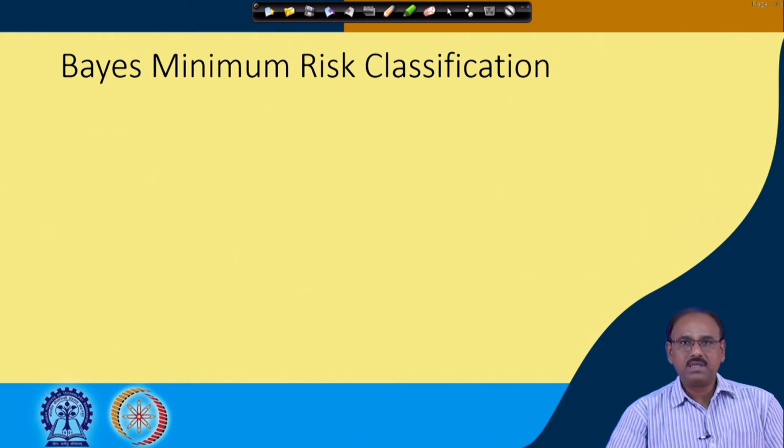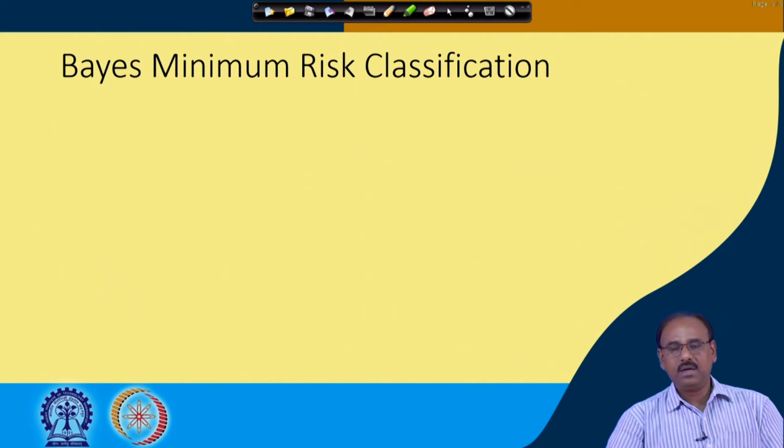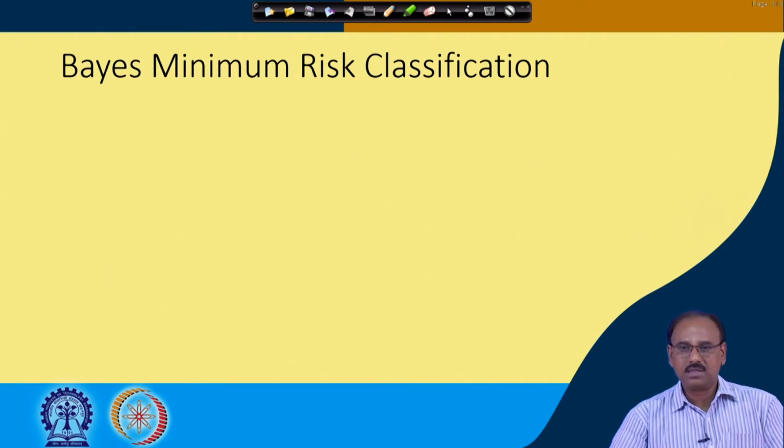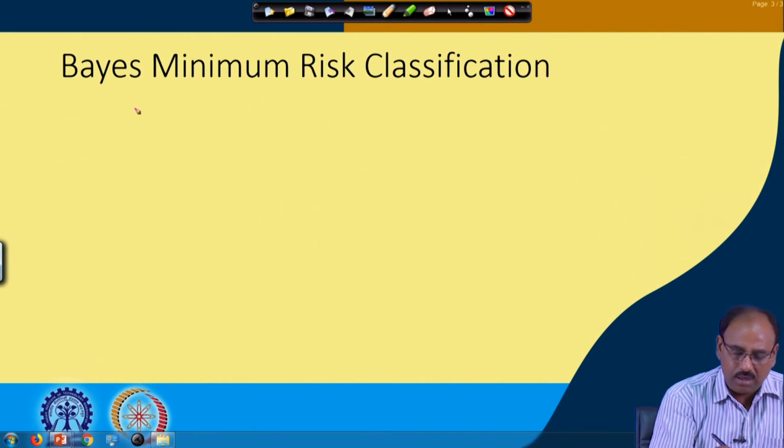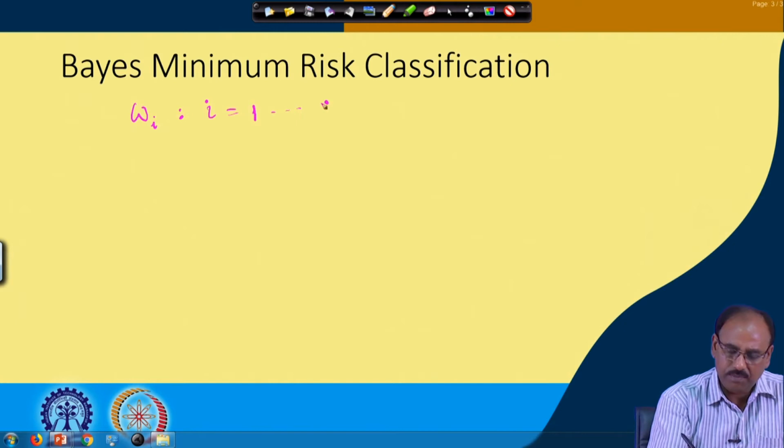The Bayes minimum risk classifier is more general than the Bayes minimum error classifier, in the sense that in the case of the Bayes minimum error classifier, we have considered only the classes. Say I have c number of classes, omega i, where i varies from 1 to c.